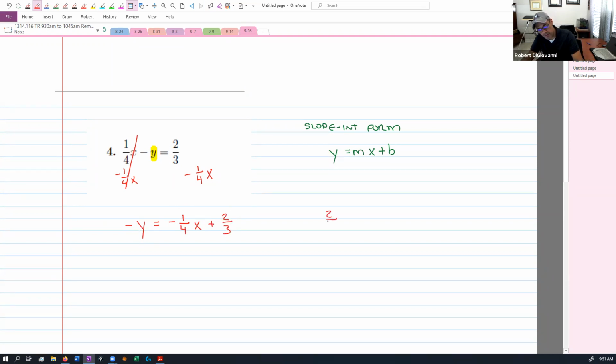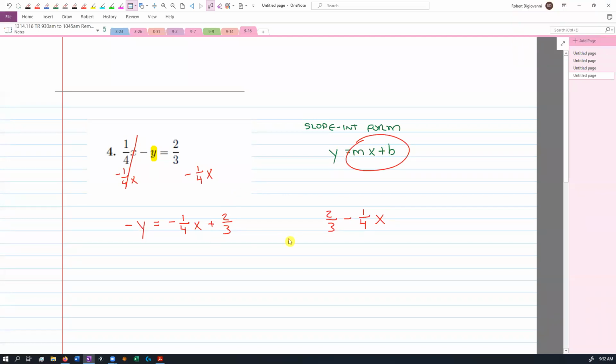Now I could have put the 2/3 take away 1/4 x, but I decided to write negative 1/4 x plus 2/3. And the reason I did that is because eventually I want it to look like a number in front of x plus a number. So I put the x term before the number that's by itself. That makes sense, everyone?